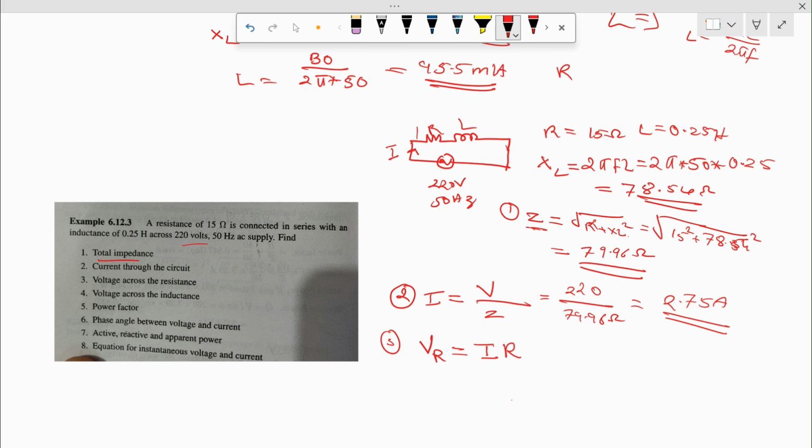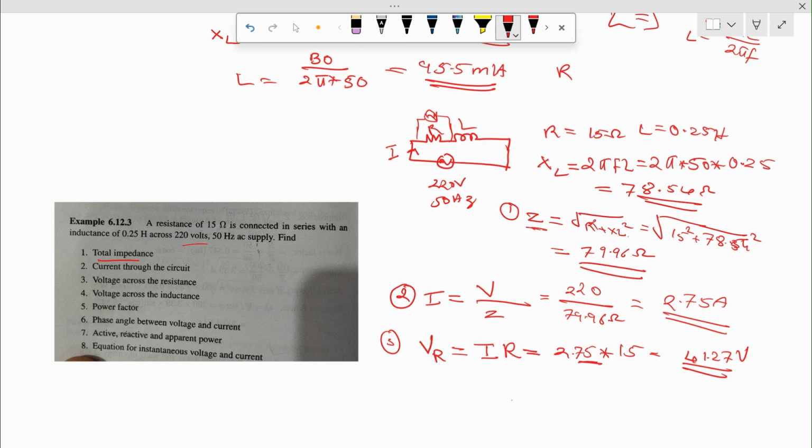If we connect a voltmeter across R, we get VR. What is VR? I into R. I is 2.75 amps, R is 15 ohm. So the answer will be 41.27 volt. This 2.75 is the RMS current into resistance.